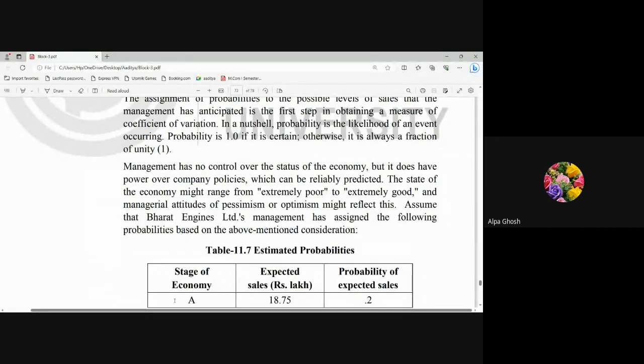And if in the long run we are not able to pay the liabilities on time, pay the interest on time, pay the principal amount back on time, it leads to financial risk, and this financial risk may lead to winding up of the business. It may lead to liquidation of the business.